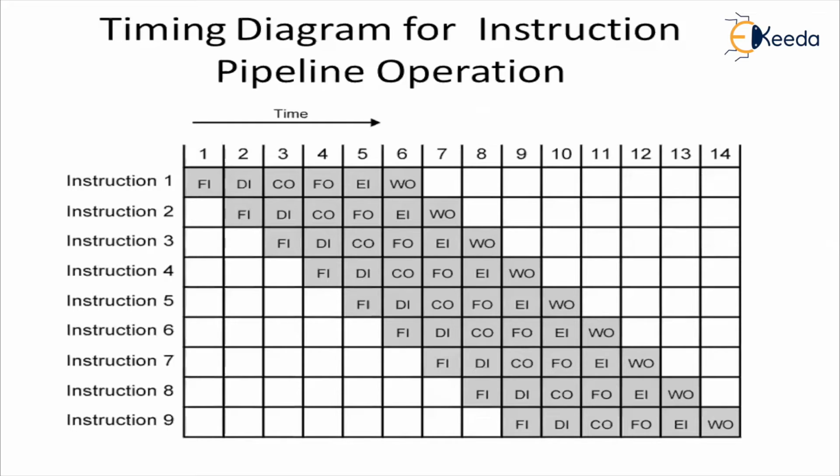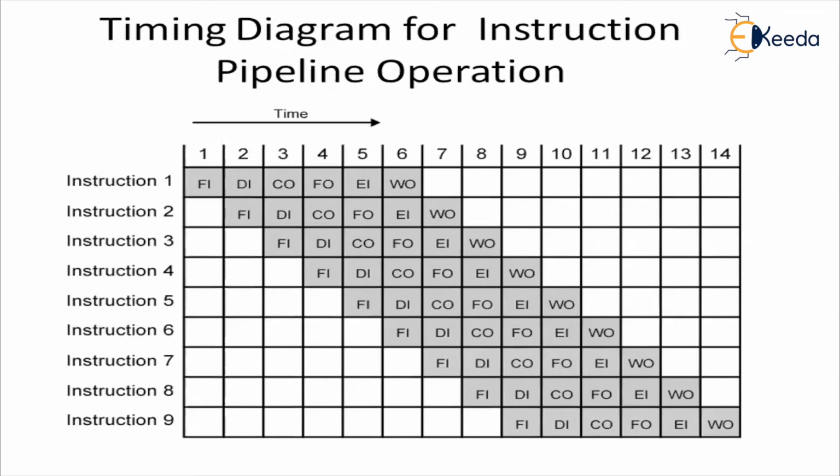When you look at instruction 1, after that on the time after 1, instruction 2 gets executed, on 2 the instruction 3 gets executed, on 3, 4, and up to 9. So you have instruction fetch, decode, and perform the same operation: FI, DI, CO, FO, EI, and WO. It goes on up to instruction 9.